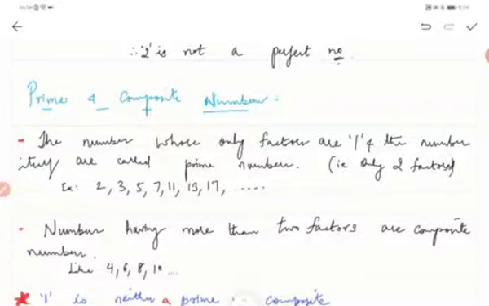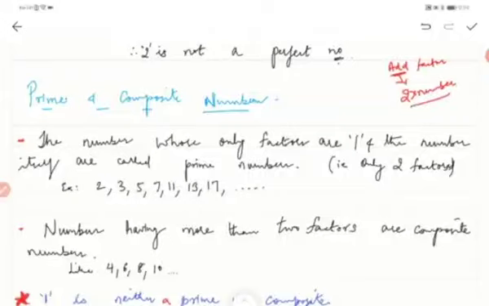It's very simple. So what is a perfect number? If you add the factors of the given number, and the sum you get is twice the number, then you say that number is perfect.